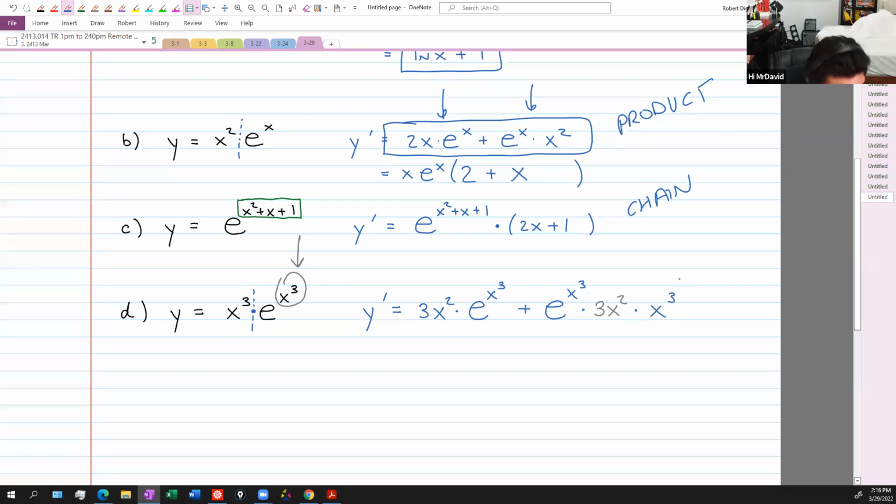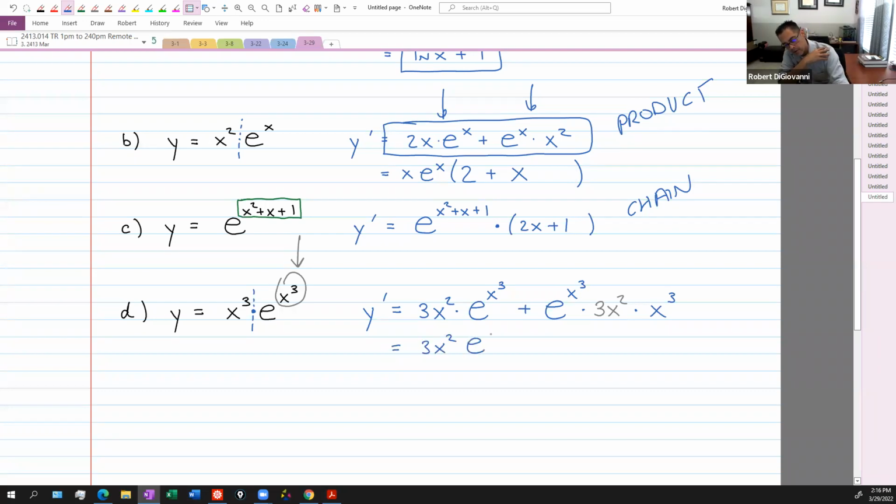Who has questions? I'm gonna clean it up, but who has questions while I'm cleaning this up? I just put the 3x squared times x cubed together, made it 3x to the 5th, and just slapped it out in front of the e to the x cubed.